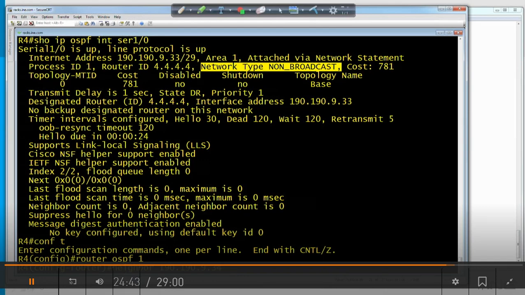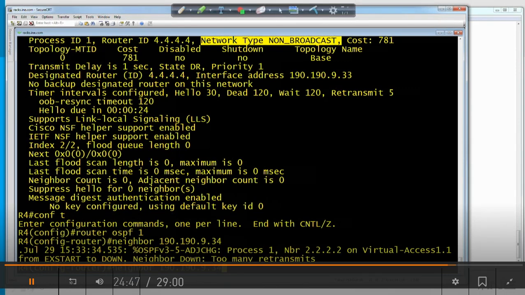Well, to have a nice, elegant, clean config, it would be a good idea to do it on all of them. But in reality, if I do it just on router 4, that should be good enough for him to form a neighbor relationship with routers 3 and 1. Now, 3 and 1 won't form any neighbor relationships with each other, but this should be enough to kickstart the process.